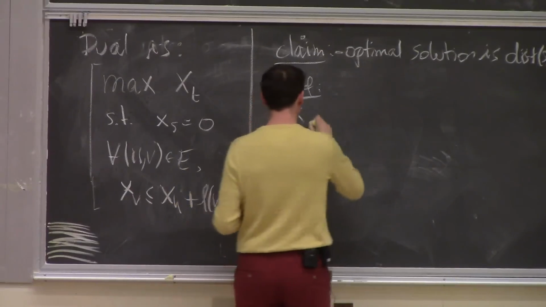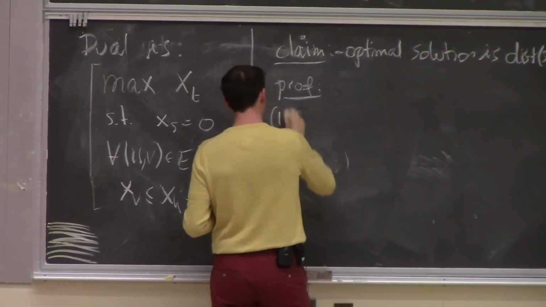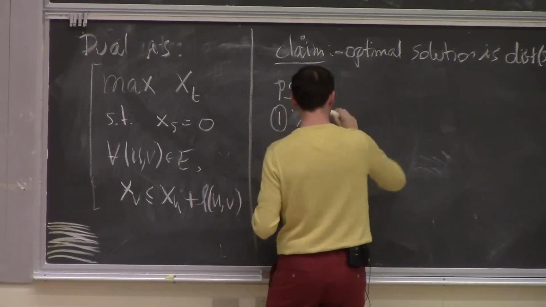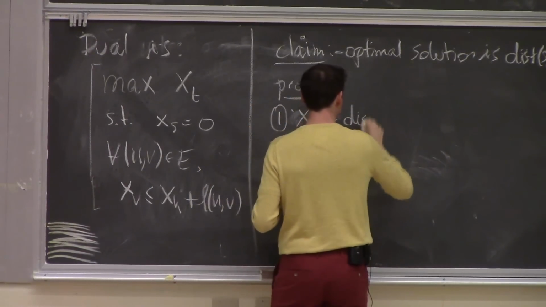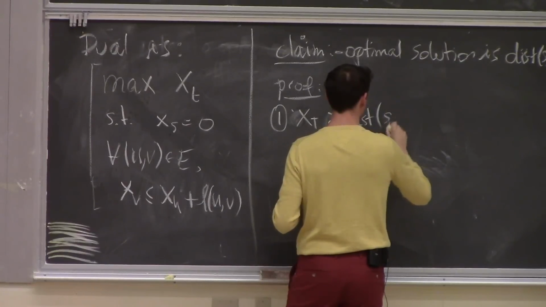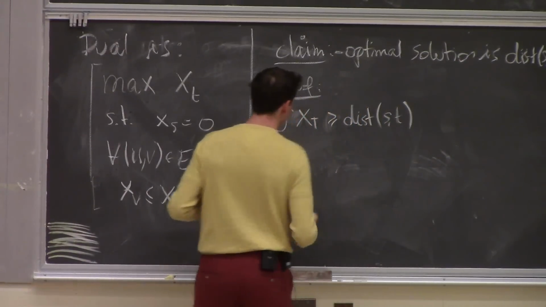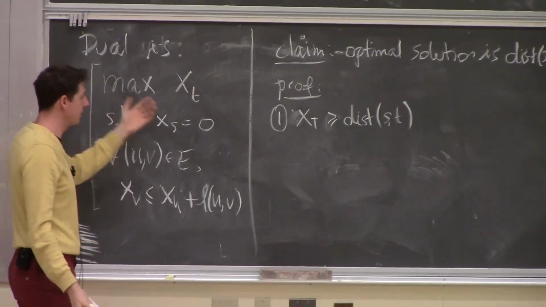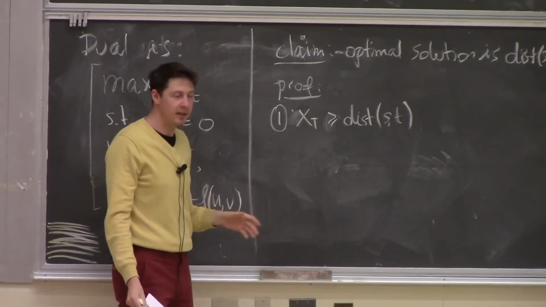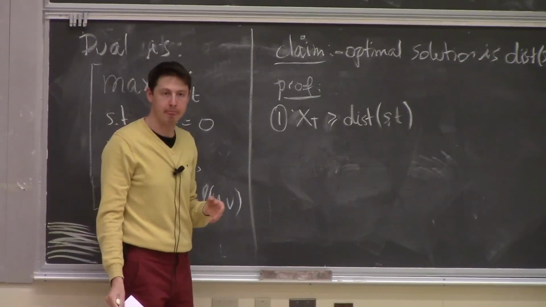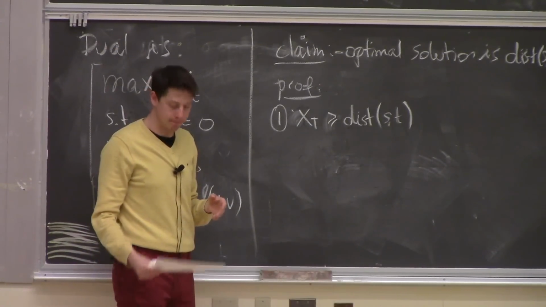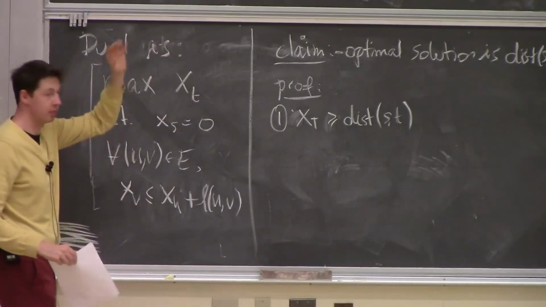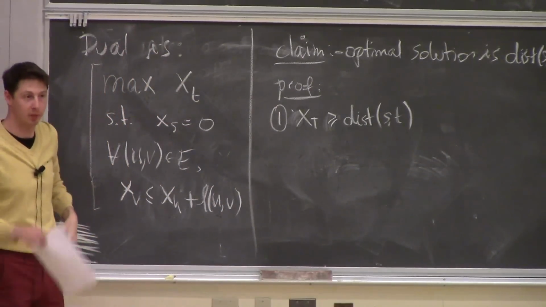All right. Let's first prove that x t star is at least the distance of s t. So if I want to prove that something that I'm maximizing is at least something, it suffices for me to do what? So I'm maximizing, so this thing will go up somewhere and achieve some high optimal value.